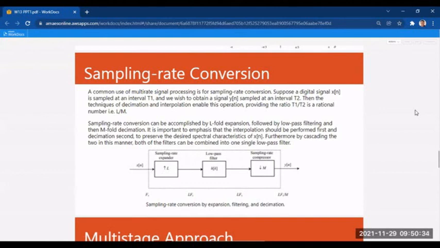I think the most common on smartphones nowadays is 128 kilohertz when we download audio files. Lower than that is noticeably of low quality.